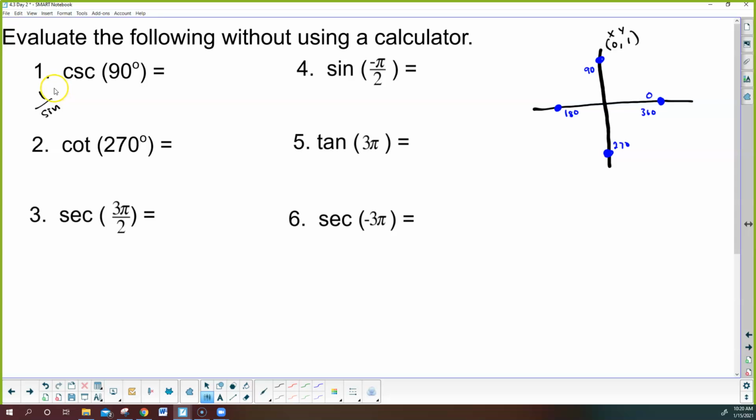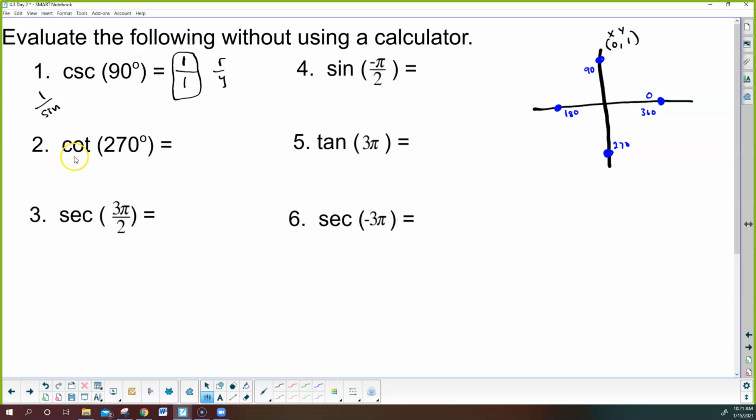And if sine was y over r, then cosecant is r over y, which means the radius is 1, and then the y value is 1. And then technically you could leave your answer like that, or you could just call it 1. So that's how I do the first one.